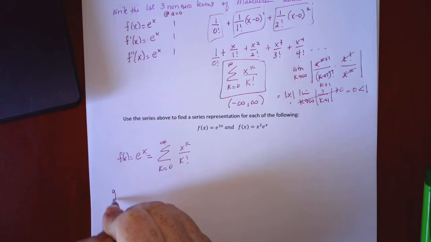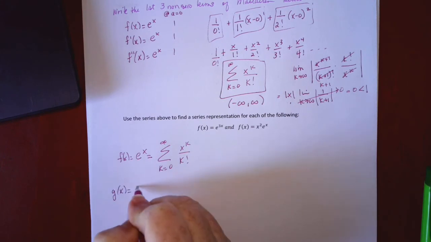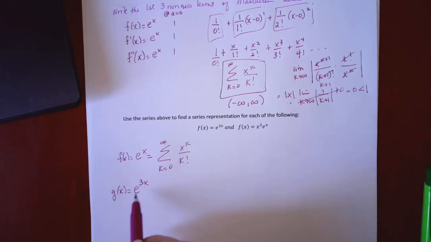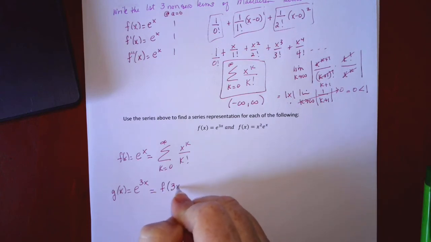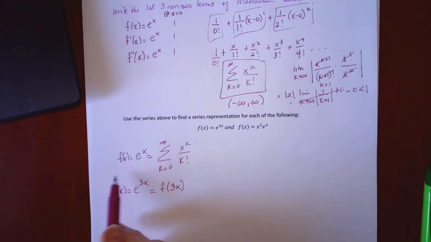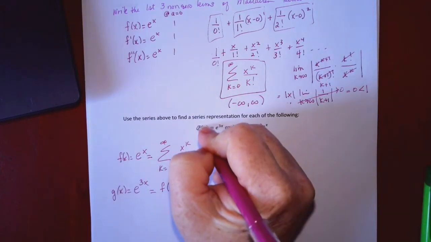So if I wanted to find a power series representation for e to the 3x, rather than starting over, I'm just going to use the fact that that is f of 3x, where f of x is e to the x. So I'm going to call this g, sorry.